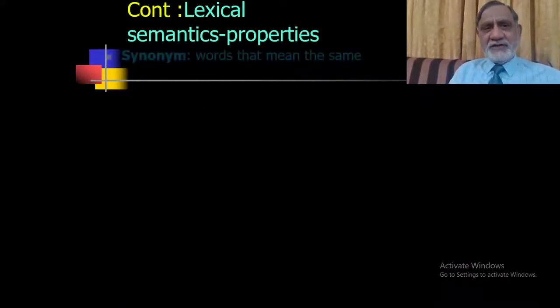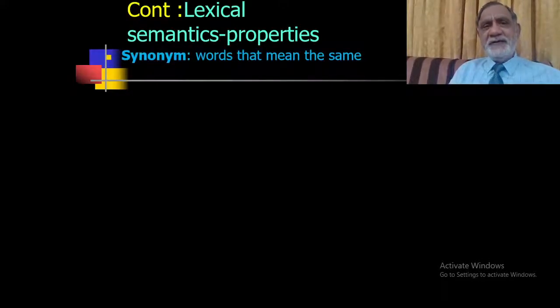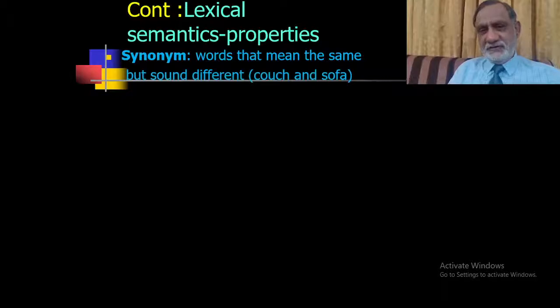Then we continue with the lexical semantic properties. Synonym: words that mean the same but sound different. Couch and sofa mean the same thing, but they are spelled differently and pronounced differently.